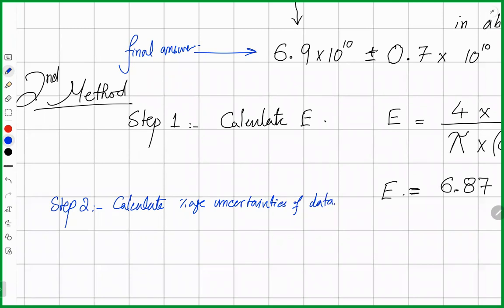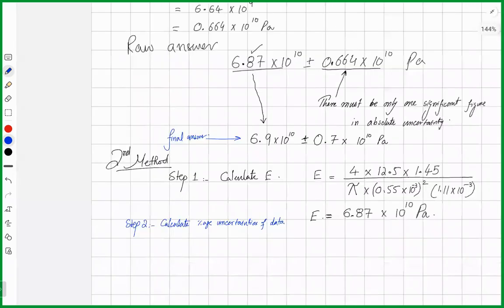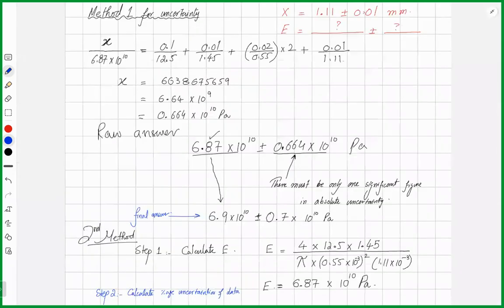And do not think it is a choice. Some of you might think that, okay, we understood the first method, we don't need to do the second method. Sometimes what happens is the examiner gives you the percentage uncertainties and you are forced to solve the question with the percentage method. So this won't be your choice, what method you want to choose.